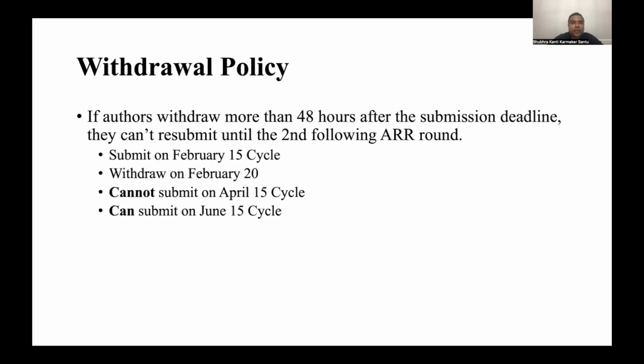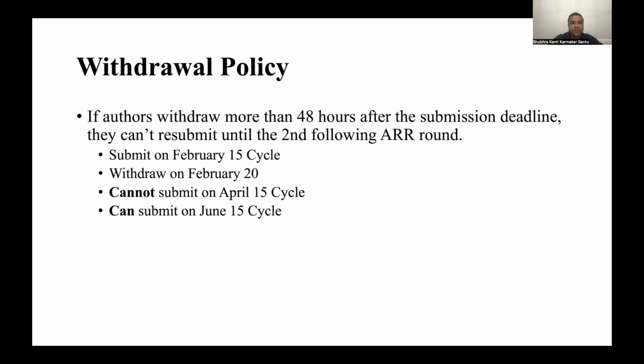Withdrawal policy. Authors can withdraw their paper anytime, but if the authors withdraw more than 48 hours after the submission deadline, they cannot resubmit until the second following ARR round. That basically means if you are withdrawing your paper 48 hours after the submission deadline, you will miss the next cycle.